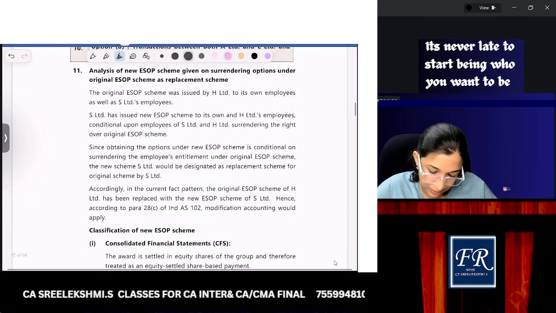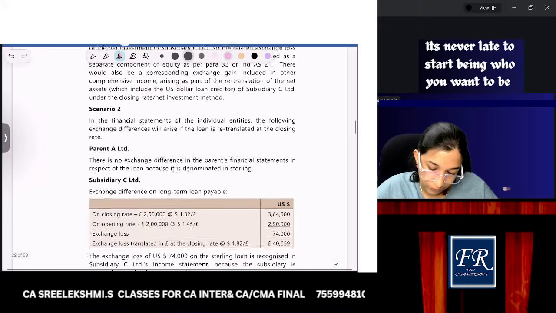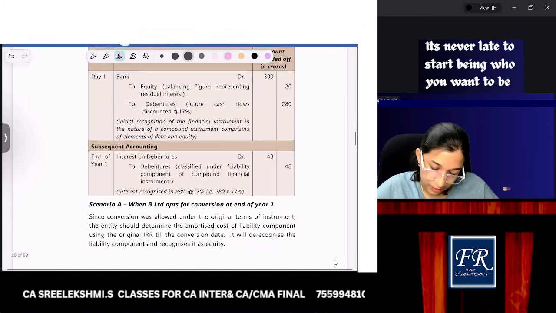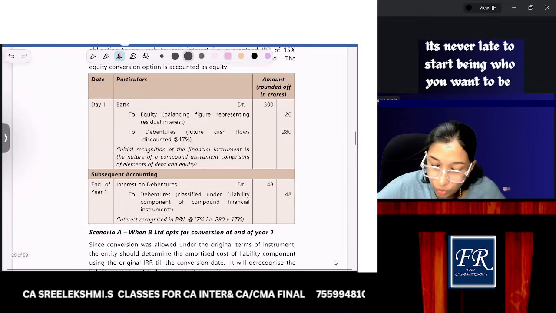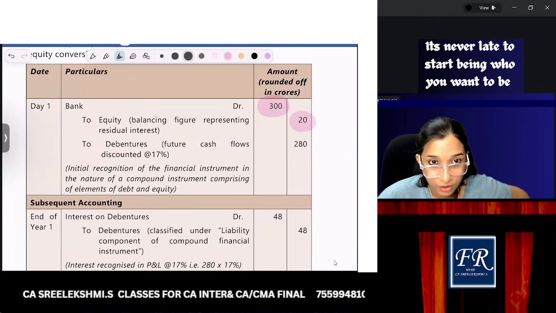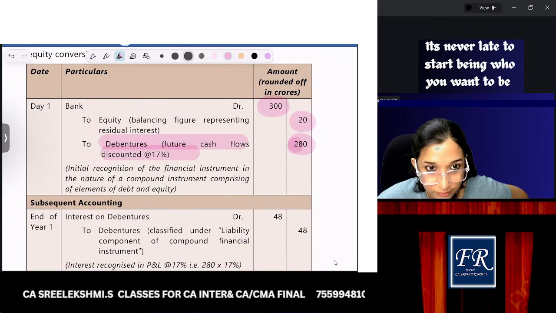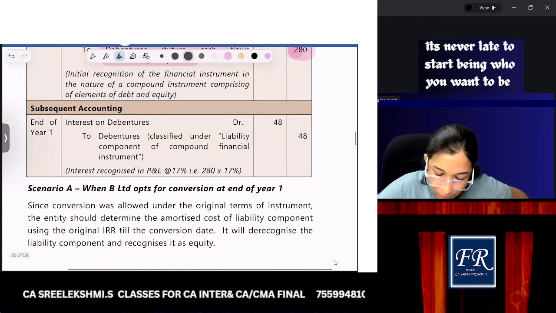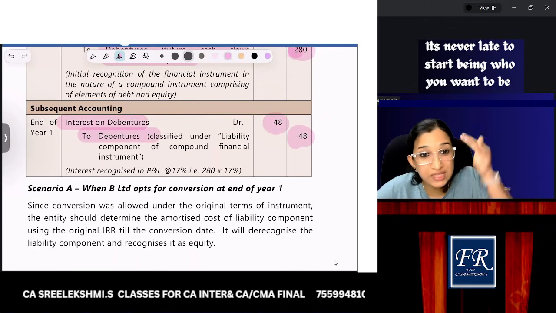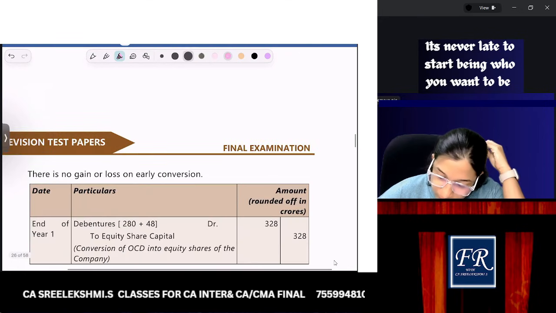Question number 15, right? Yeah, 15. So first you got 300, to equity 20, to liability 280, debentures 280. Then subsequent accounting, interest to debentures. At the end of the first year, if you opted for conversion, then the liability value is 328.